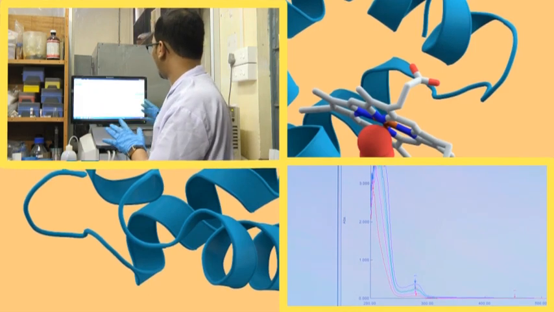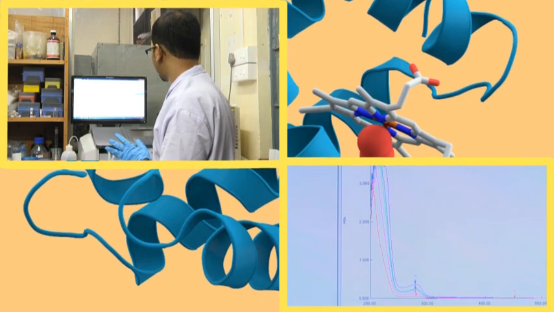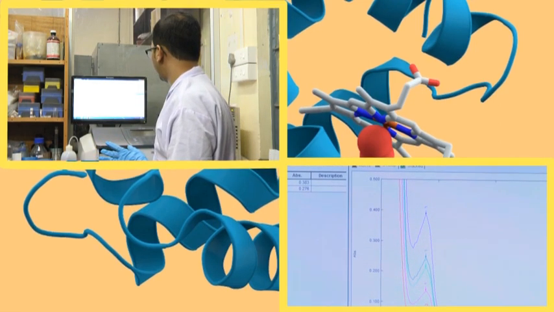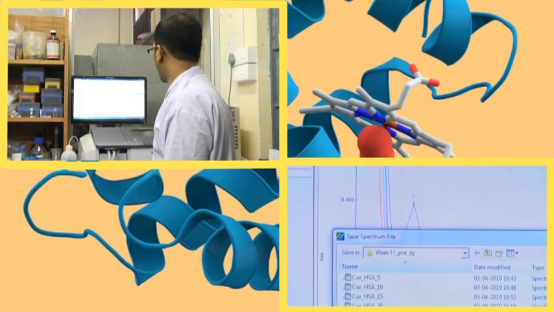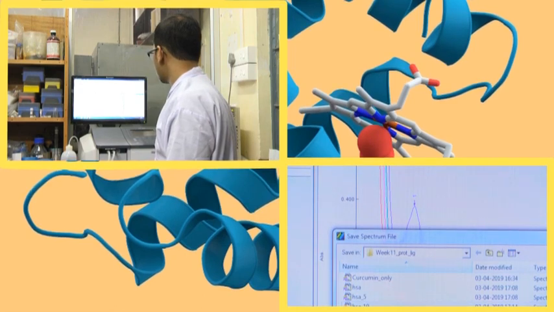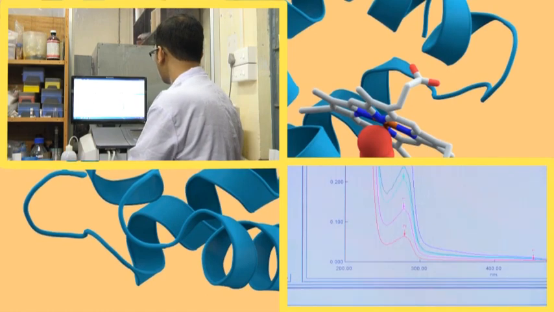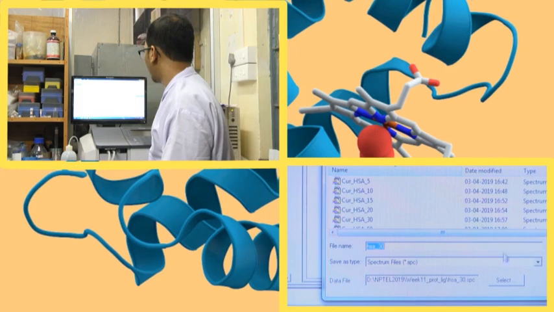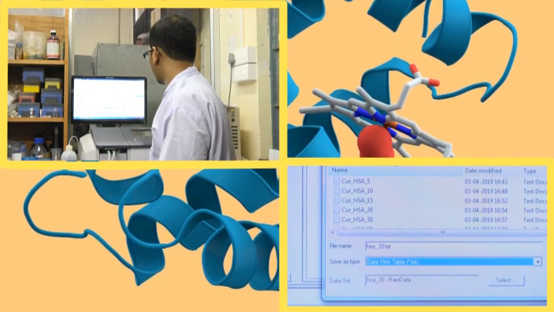For the time being, I am saving this deep violet spectra as HFA 30, but I have forgotten to save the HFA 20. So, how to save HFA 20?